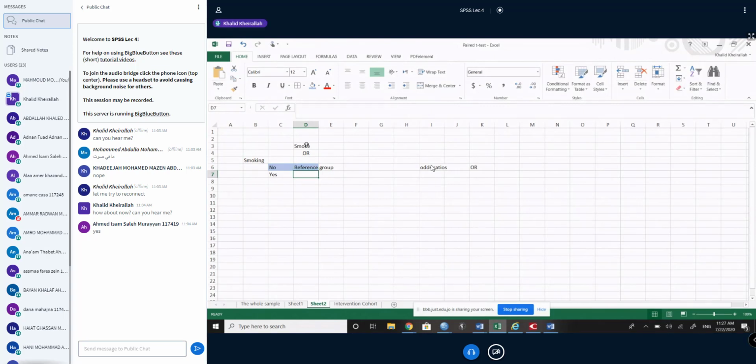If you are a smoker, then your risk of developing lung cancer will be 3.5 times higher than those who do not smoke. So this reference group has a risk of 1 because it's compared to itself. Now if you smoke, then your risk of developing lung cancer, the outcome variable, will be 3 times compared to those who do not smoke. So smokers have a probability of developing lung cancer 3 times higher than those who do not smoke.